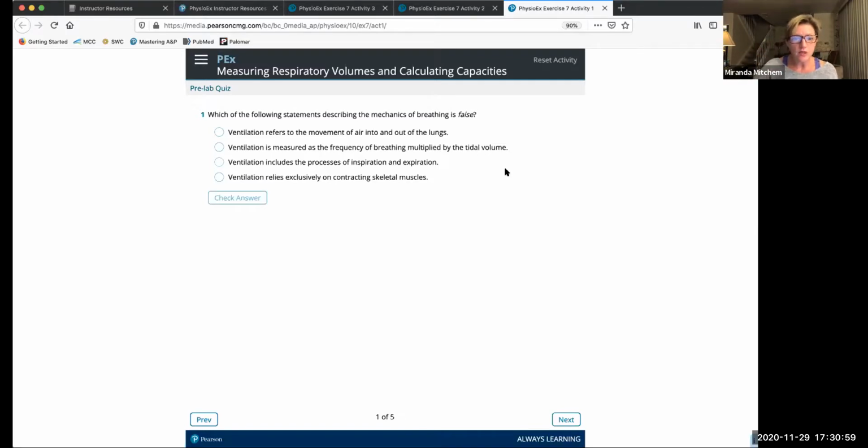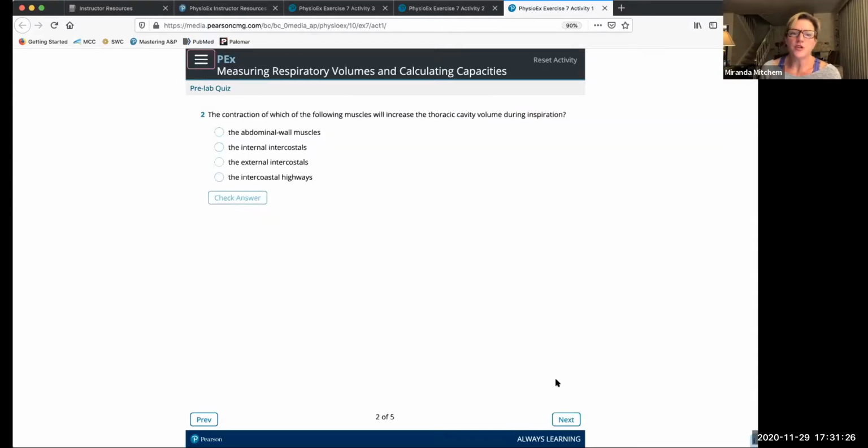That's true. Ventilation includes the process of inspiration and expiration. That is true. Ventilation relies exclusively on contracting skeletal muscles. Well, that is not accurate. The diaphragm, for example, is not a skeletal muscle. So there's our correct answer.